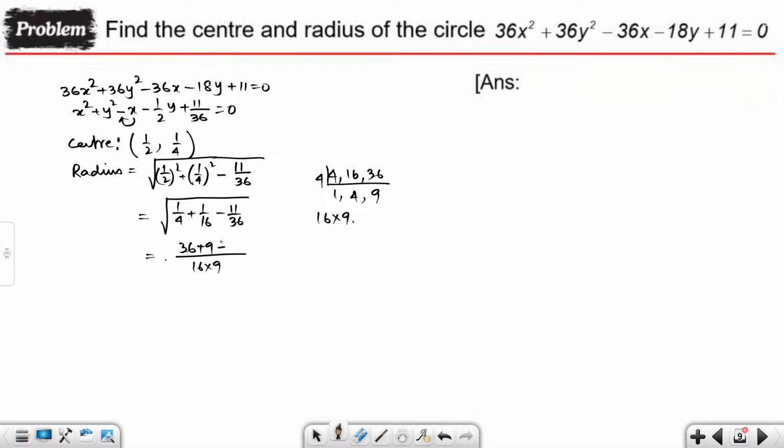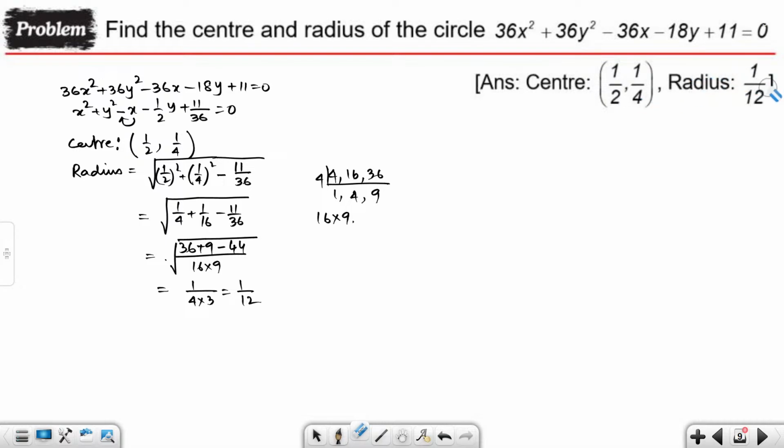Have I made any mistake in this calculation? 16 into 9 we are getting now. 9 4s are 36, so it's 4. So it's coming to 44, right? And it's the complete root. So we are actually having 45. So it's 1 over 4 into 3. That gives us 1 over 12, right? Therefore, the center is half, comma 1 by 4, and your radius is 1 over 12.